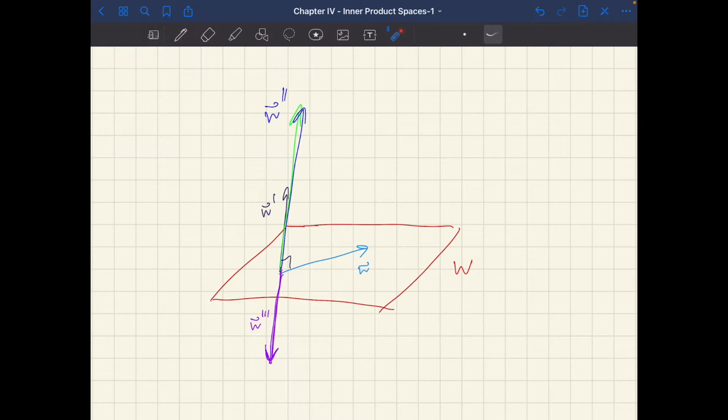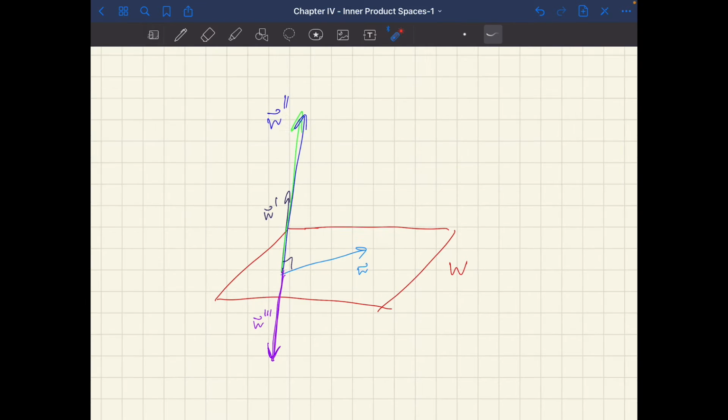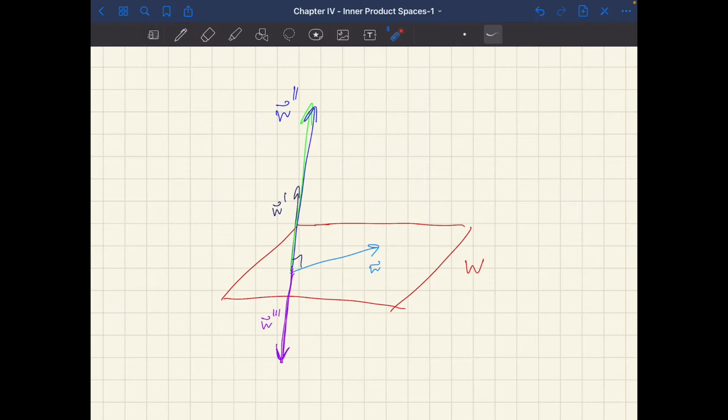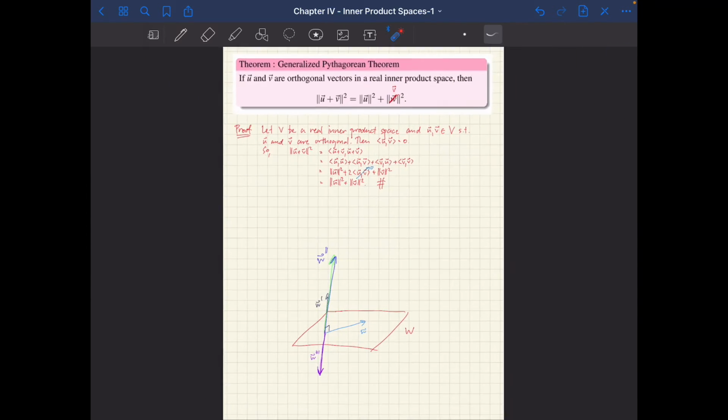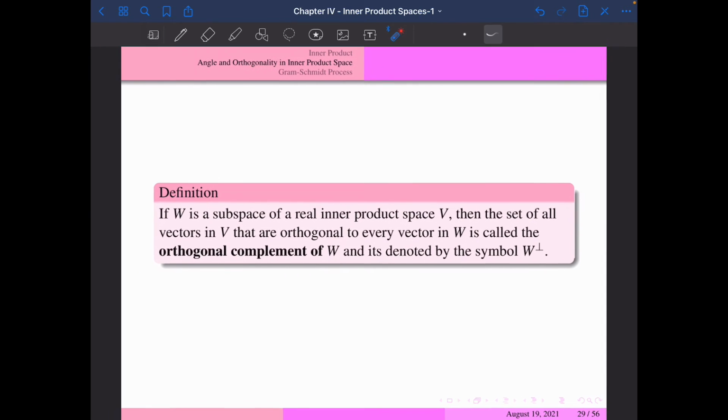It means that there is not only one vector that is perpendicular with the vector W here. So that leads to our definition, the definition of the orthogonal complement of W. What does it mean?